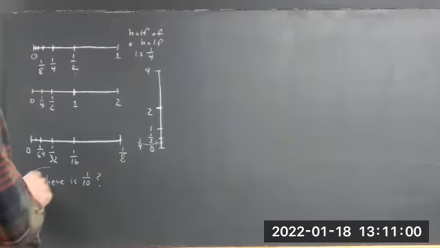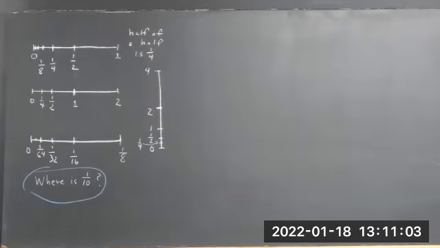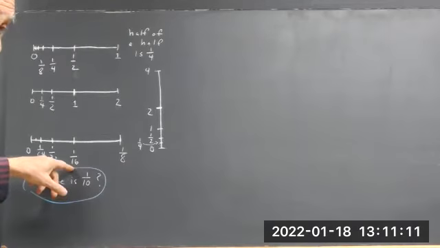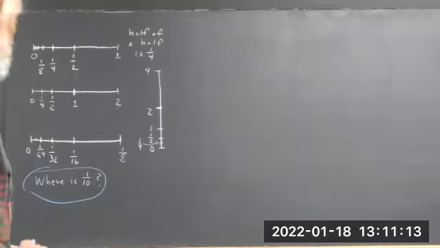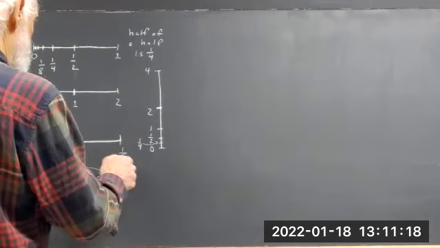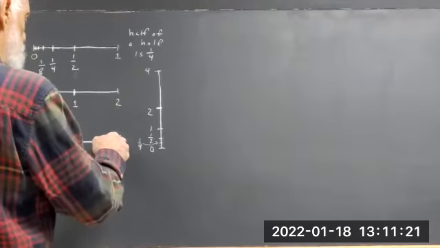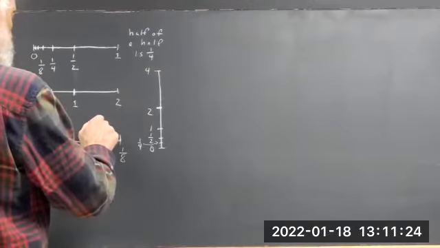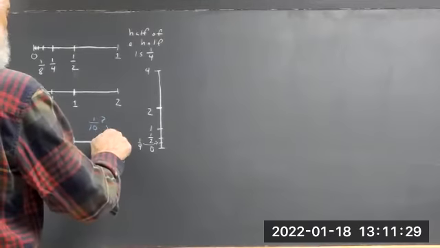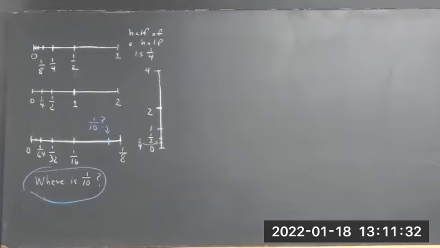Let blue chalk indicate where 1/10 is. Now 1/10 is probably closer to 1/8 than it is to 1/16. And you might guess where that would be. I'm just going to ballpark it. If this is 1/8, it would be reasonable to put 1/10 here. So if this is 1/10, I put a question mark on that. Maybe it's close, maybe it's not. It's probably close. Okay, there's 1/10.